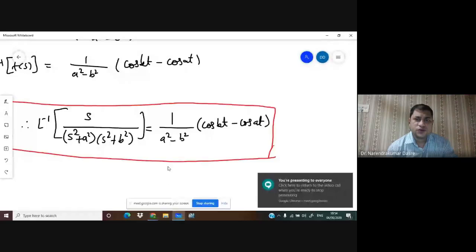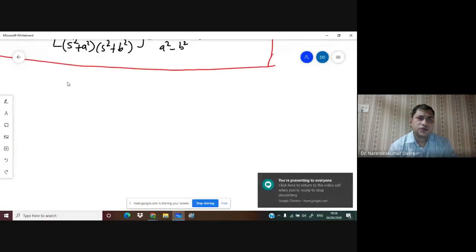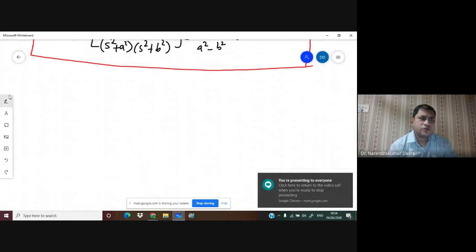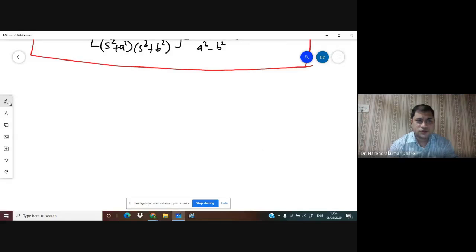Okay. So we'll see now how to use the derivative to find the Laplace inverse. Let us see another formula to find the inverse Laplace transform.